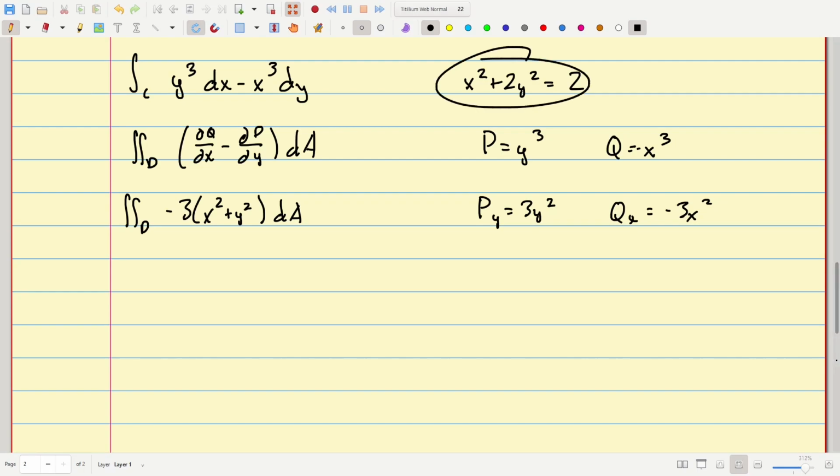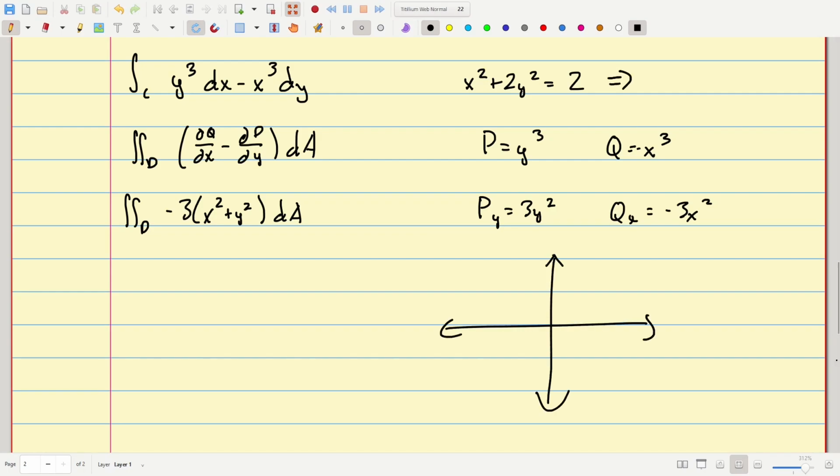Now, we're integrating over the region enclosed by this ellipse. I can rearrange this equation to make it look like an ellipse. To figure out what my semi-major and semi-minor axes are, I need to write it in the form x squared over a squared plus y squared over b squared equals 1.